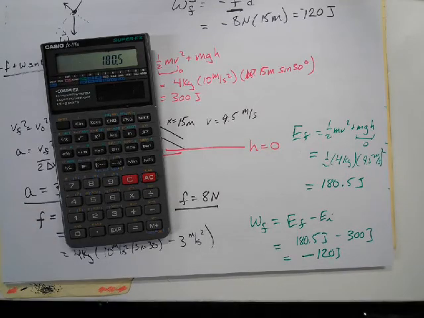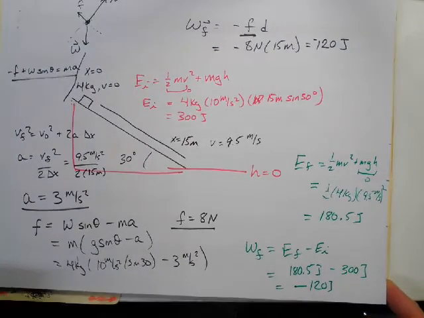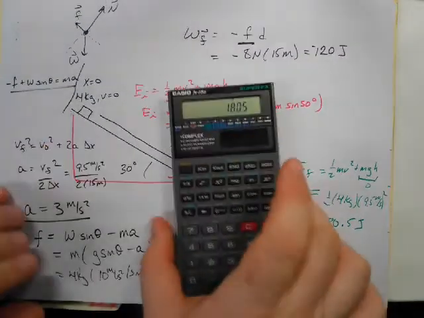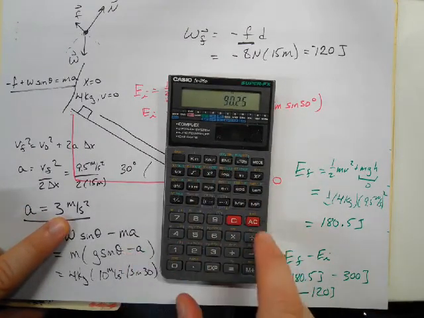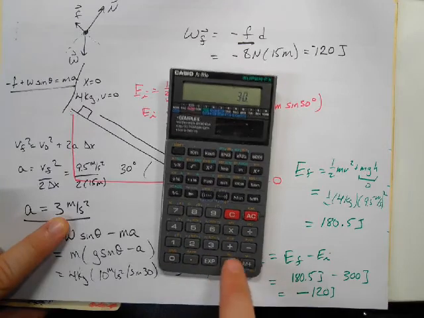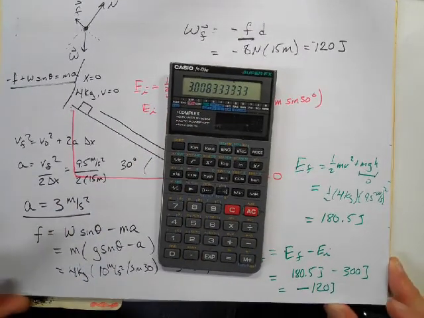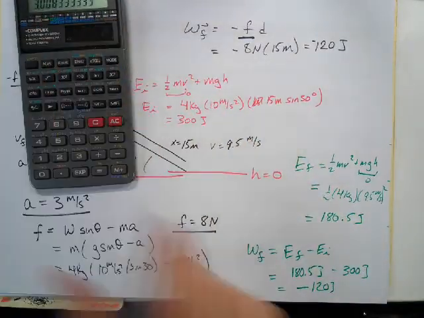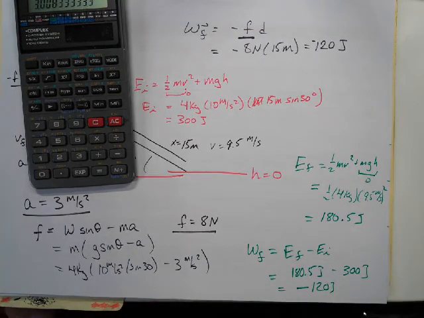And I propose to you, now there's a little discrepancy here, and what's happening is when I found the acceleration, it's not exactly 3, it's 9.5 squared divided by 30, which is 3.0008. So that little extra term is accounting for that extra half a joule. I've rounded somewhere. But we get close agreement here.